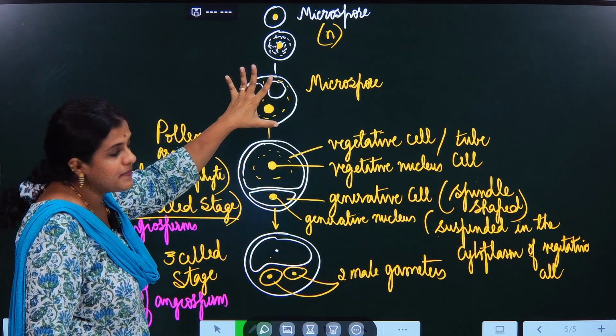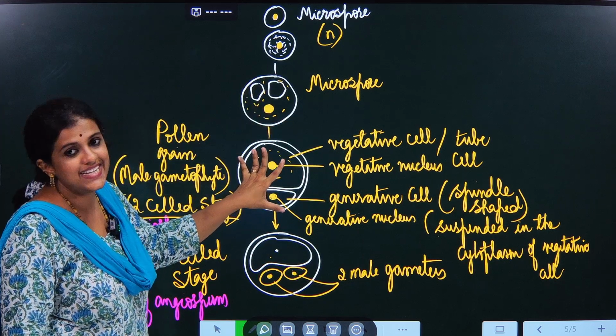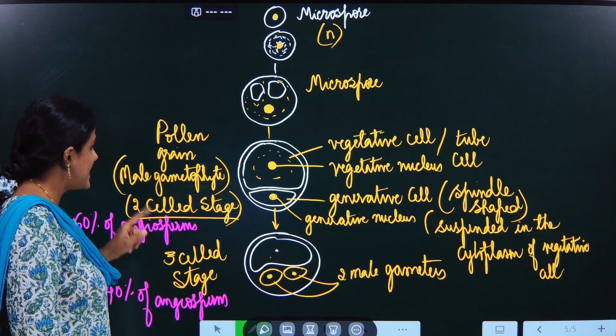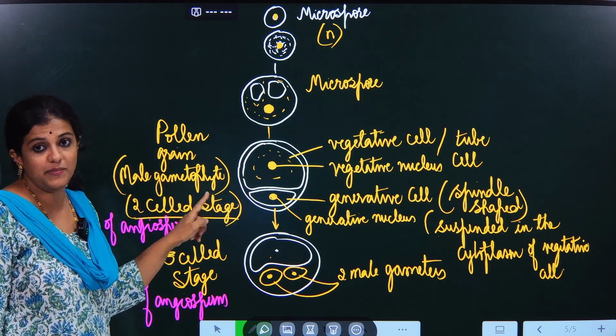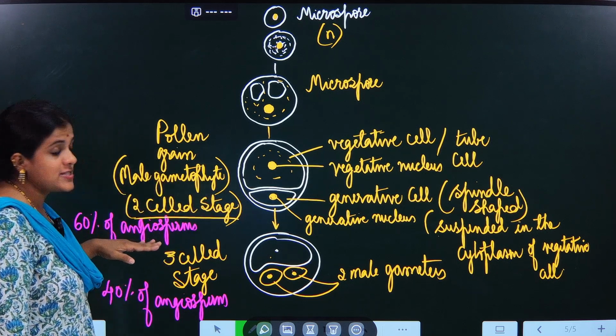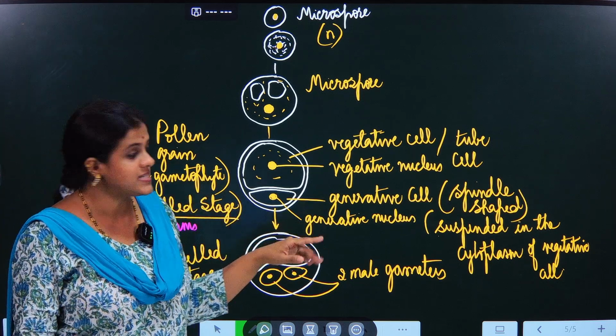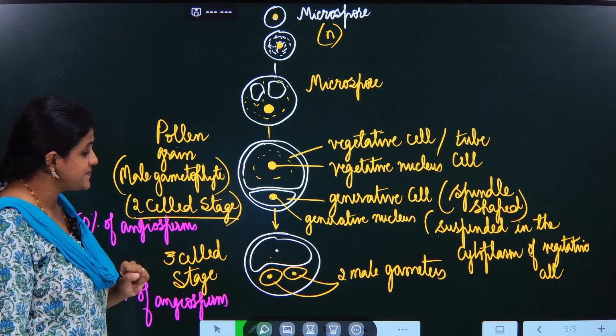The moment the microspore becomes 2-celled, it is called a pollen grain, which is the male gametophyte. So in 60% of angiosperms, the anthers dehisce or pollens disperse at 2-celled stage.